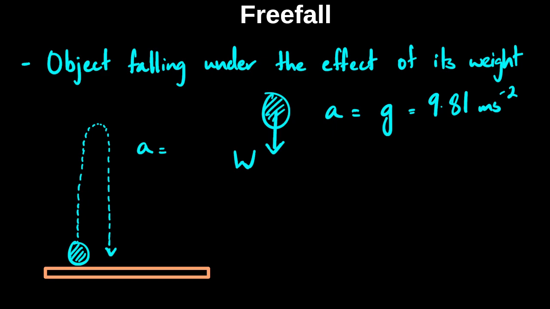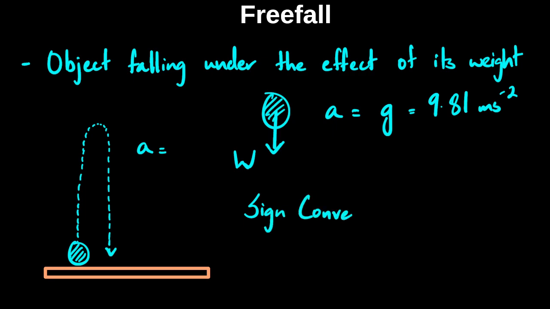But now I also want to talk about one other thing, which is that acceleration, displacement, and velocity, either initial or final, are all vector quantities. So you could have a case where the ball was thrown upwards and the acceleration is directed downwards. So we need to establish what is called a sign convention.